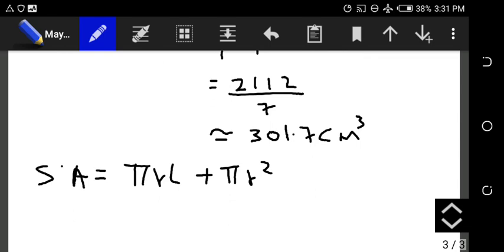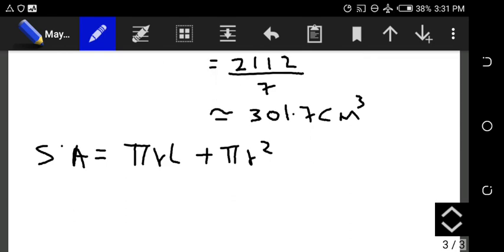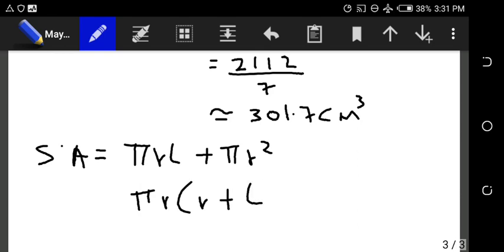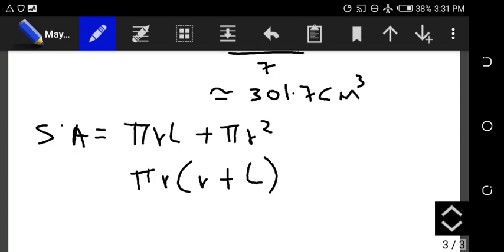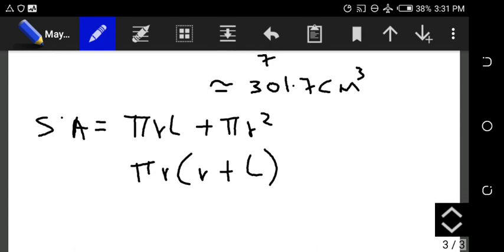So we have this to be the formula for the surface area of a cone, or you could even use the shortened version of it, as pi r into r plus l. When you factorize, bringing out pi r, you have pi r into r plus l. They are the same thing, so anyone you choose to use, you're welcome.